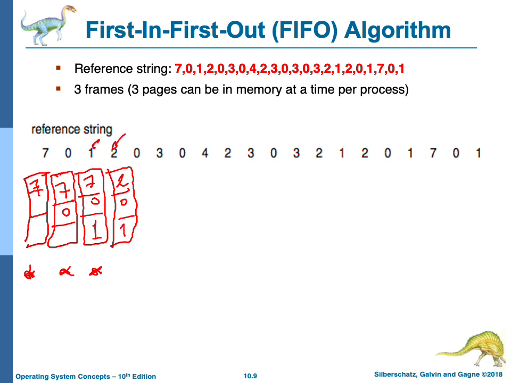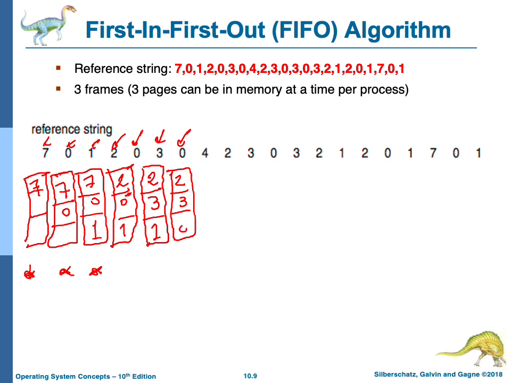Now we reference page 0, but it's already in memory, so no page fault. Next, 3 is not in memory, so we do a replacement. The oldest in this case is 0, so we have 2, 3, 1. Now we need page 0. The oldest is 1, so we have 2, 3, 0.